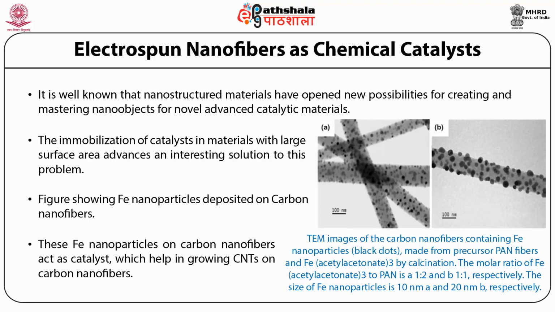With those iron nanoparticles as chemical catalyst, carbon nanotubes can grow on the surface of carbon nanofibers with controllable length by supplying hexane vapor for different times as shown in figure B.